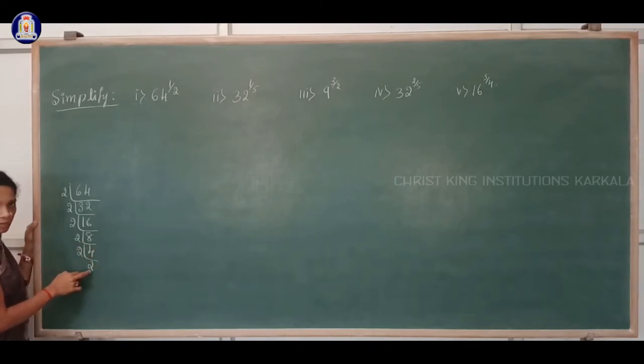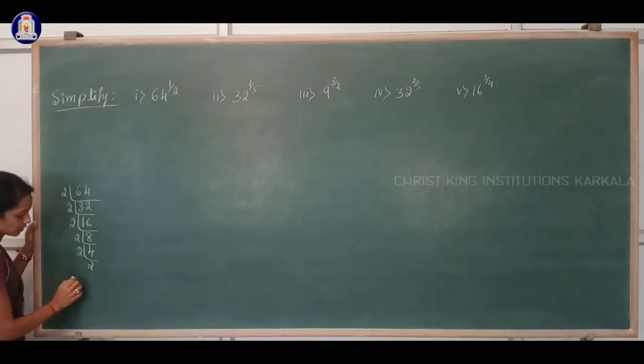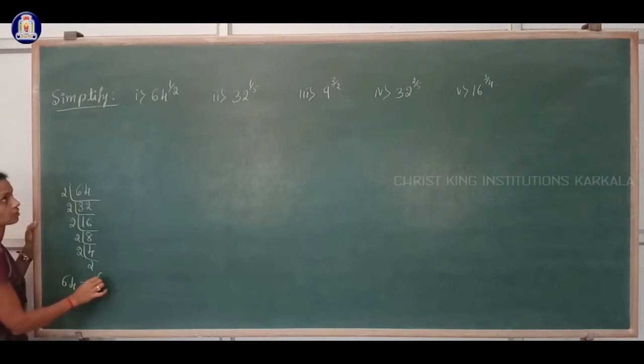When you reach a prime number, stop there. And count how many 2's we got here: 1, 2, 3, 4, 5, 6, 6 2's. So 64 you have to write as 2 to the power 6.